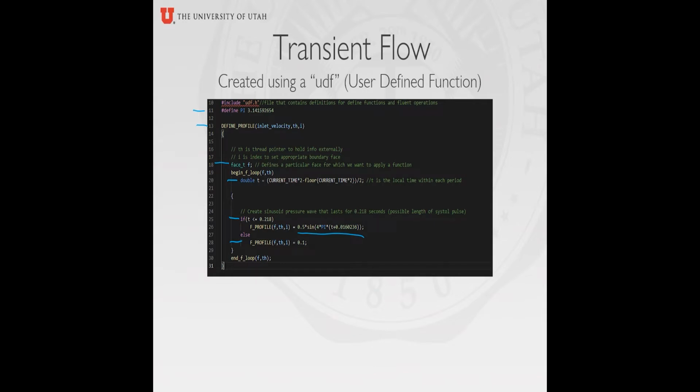If we want to graph this as velocity versus time, we'll say that this is 0.218, and this is going to be 0.1. Our velocity will look a little bit like this, and then we'll get to a point out here, say if this is 0.5, where we repeat the process again.